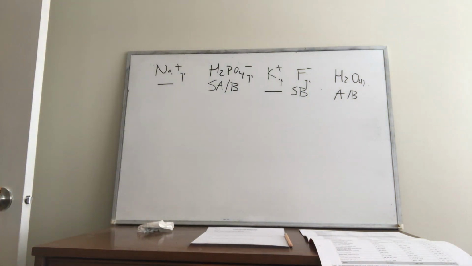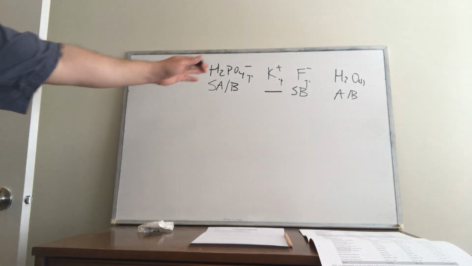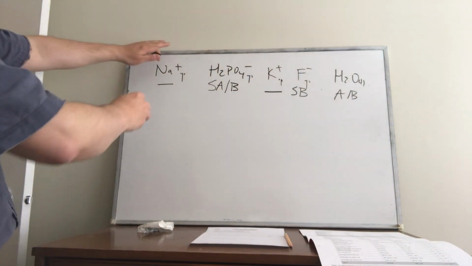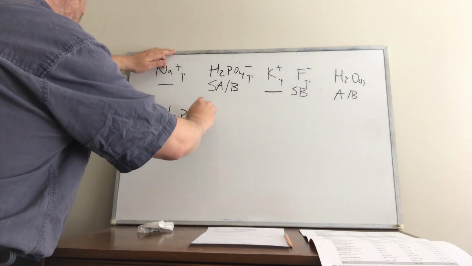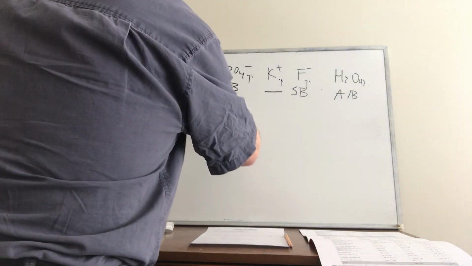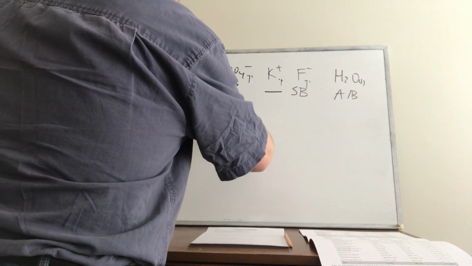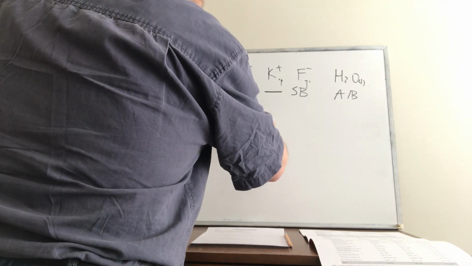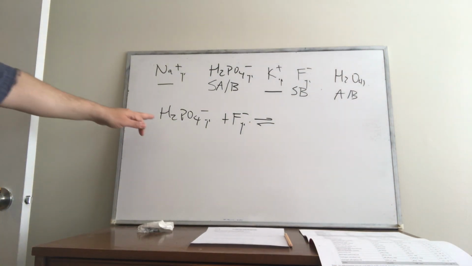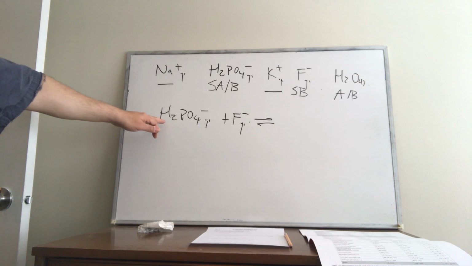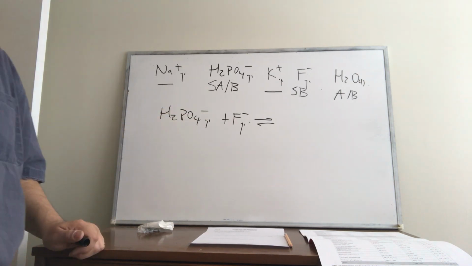Now, we write the reaction as strongest acid present donates 1 proton to strongest base present. So I write H2PO4 1- aqueous plus F- aqueous. We put a double-headed arrow in, and those are my two reactants. So my strongest acid is going to donate 1 proton to my strongest base.